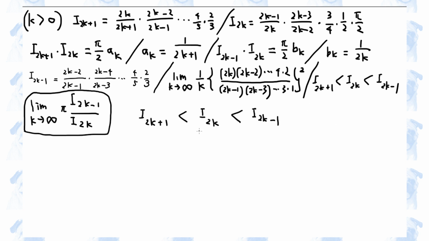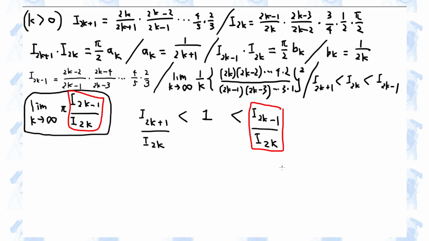First, let's divide each of these by I sub 2k. In the middle, we have 1. And we have an expression here that is identical to this expression. Next, notice that I sub 2k minus 1 divided by I sub 2k plus 1 is greater than I sub 2k minus 1 divided by I sub 2k, because I sub 2k is greater than I sub 2k plus 1.